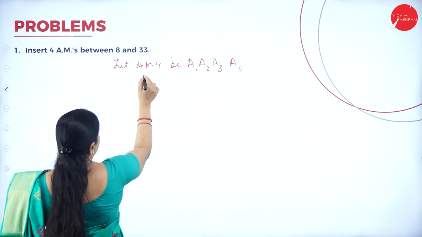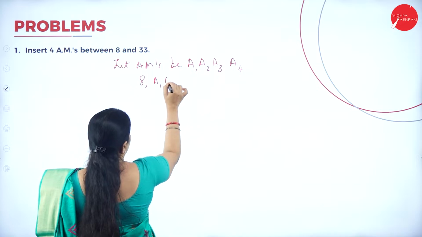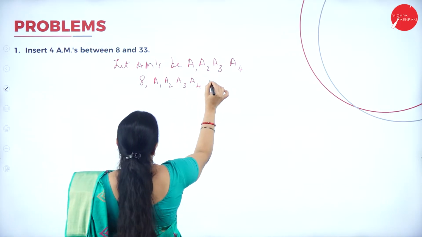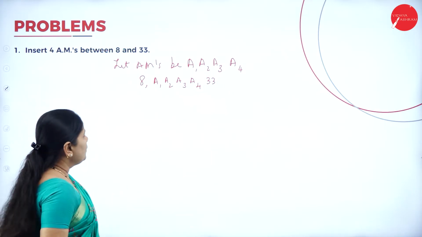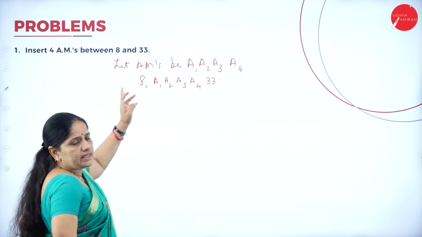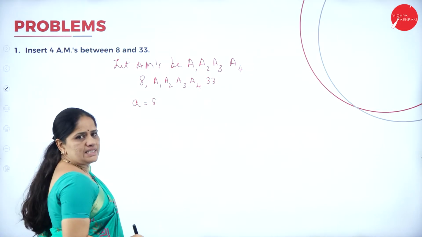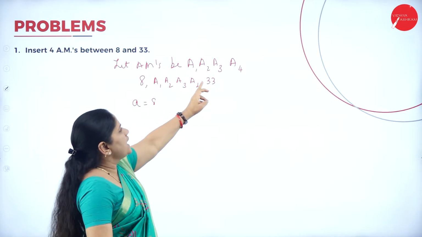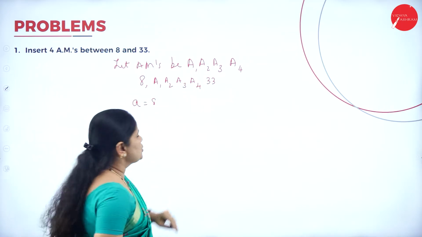So we have the arithmetic progression here: 8, A1, A2, A3, A4 and 33. Now we know what A is here. In this progression, A equals 8, and counting 1, 2, 3, 4, 5, 6, 33 is the 6th term of the progression.